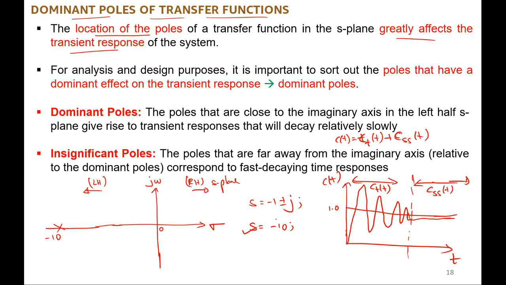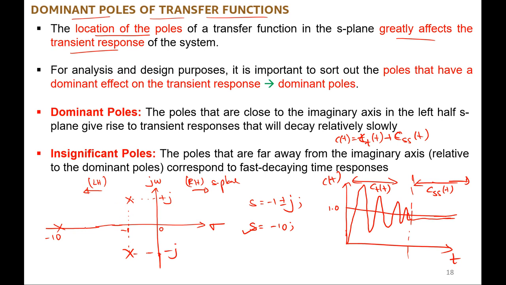I have located this pole. Then minus 1 plus or minus j. So minus 1 is here, minus 1 plus j. So I will locate the complex conjugate pole here. This is plus j. Then here minus 1 minus j. We locate the complex conjugate pole here, right? Minus j. So minus 1 plus j and minus 1 minus j.